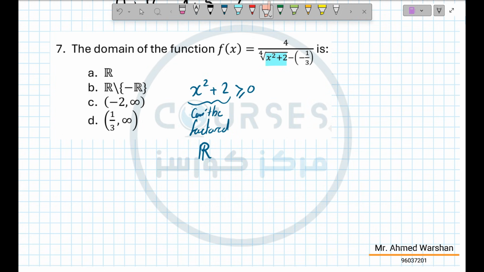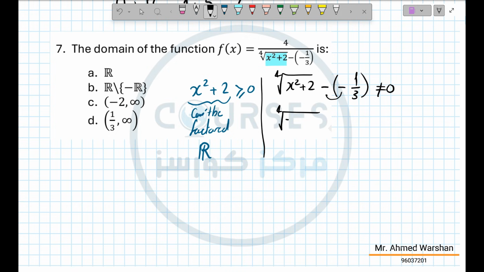Okay, what is the second function? The second function is the entire denominator. The entire denominator cannot be equal to 0. So let's do that. Fourth root of x squared plus 2 minus 1 over 3 cannot be equal to 0. Okay, minus is plus. So fourth root of x squared plus 2 plus 1 over 3 cannot be equal to 0.